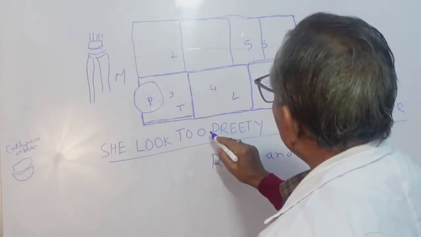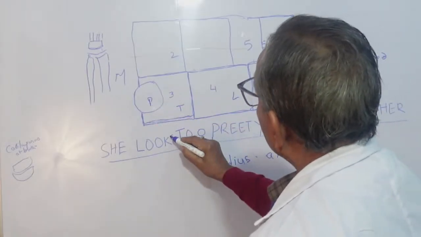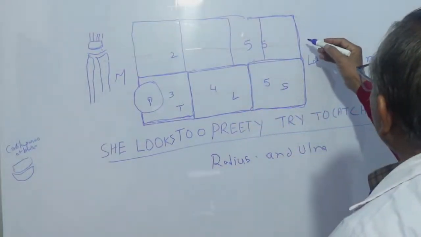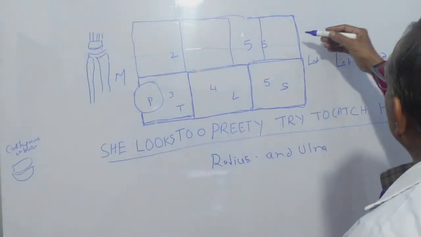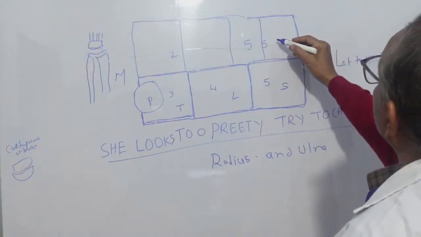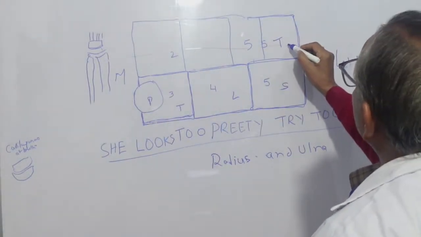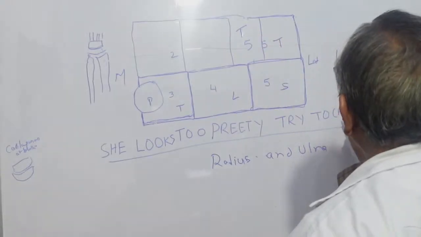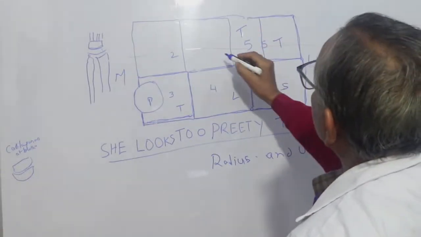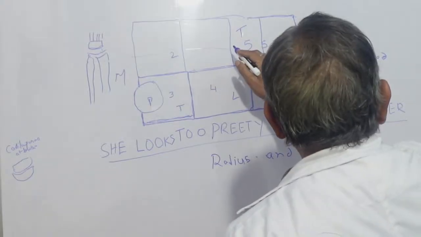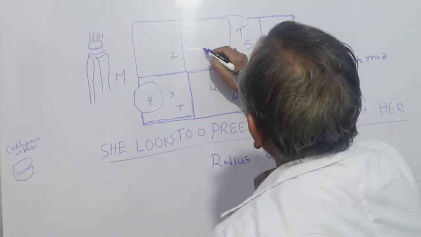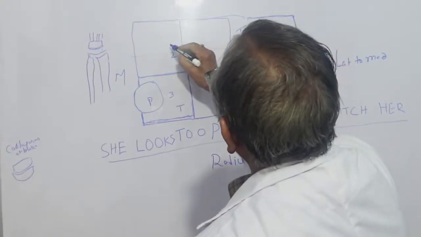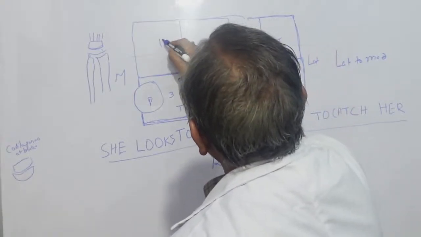She looks too pretty. Then the distal row, it will be try to catch her. Try to catch her. T, trapezium, 2, trapezoid, catch, C is capitate, and H is hamate.